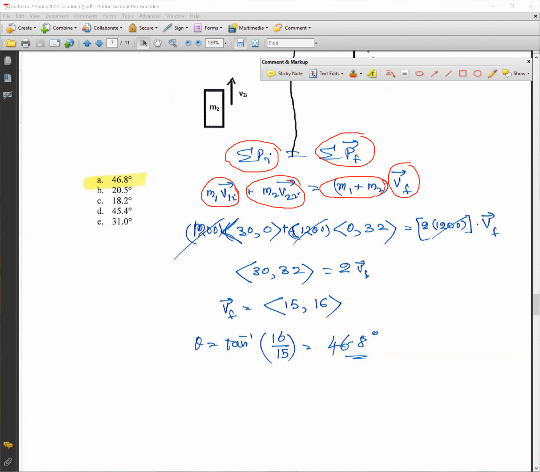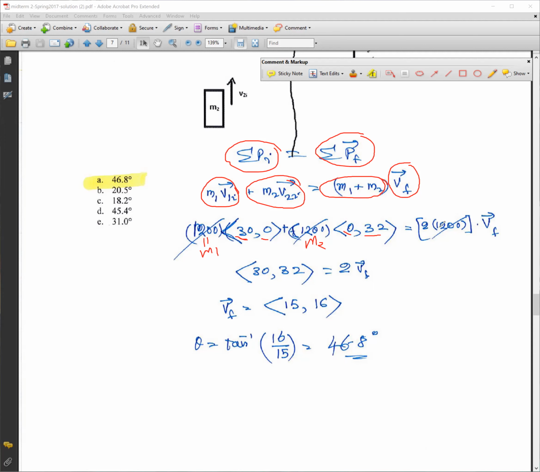Of course, in this case, you write this in vector notation. So you have M1, the 1200, times 30 for the x component of velocity 1, and 0 for the y component, and then plus M2, which is also 1200, times vector components 0 for the x component, 32.